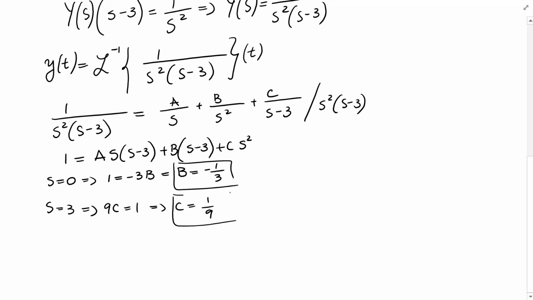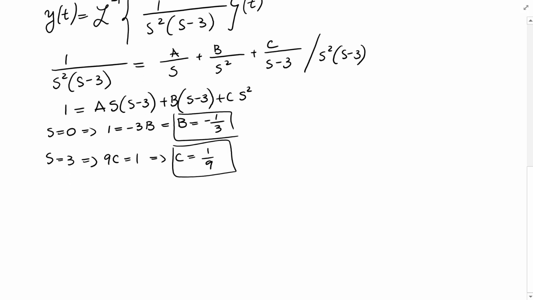And I would like to find a, and I'm out of zeros of this equation, because the choices of 3 and 0 were to get those zeros, but I can make up any number. So I'm going to set s equal to 1, so we get 1 equals negative 2a minus 2b plus c, but we know b and c, so it's 1 equals negative 2a plus 2 over 3 plus 1 over 9.